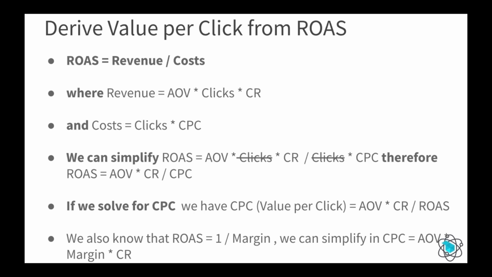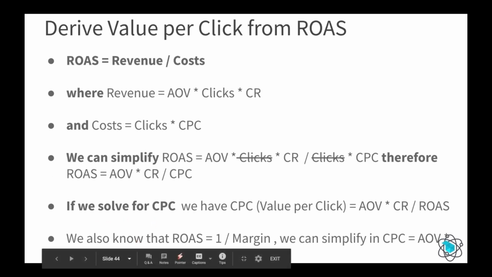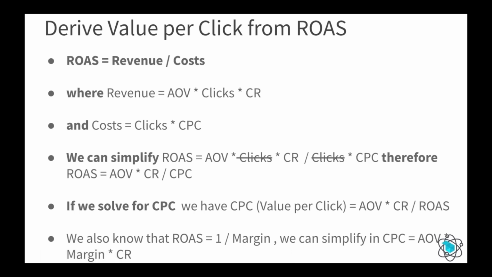So the value of a click is equal to the likelihood that this specific click will become a conversion, so that is the conversion rate, multiplied by the average value of a conversion, so the average order value, multiplied by the margin. So how much money we are keeping every time we sell one of our t-shirts.